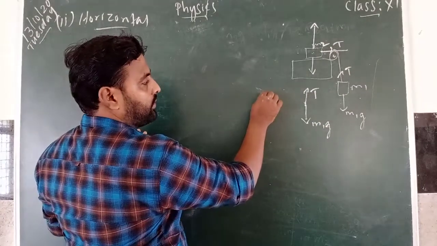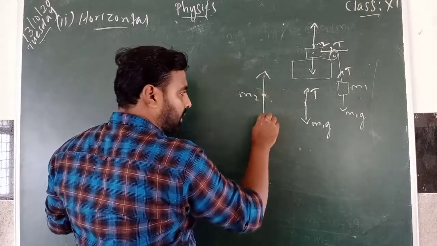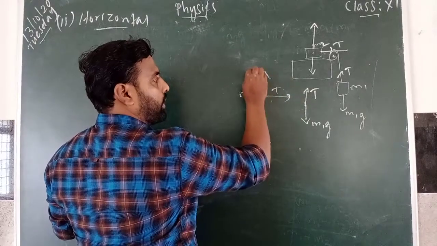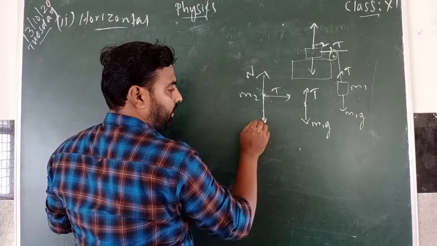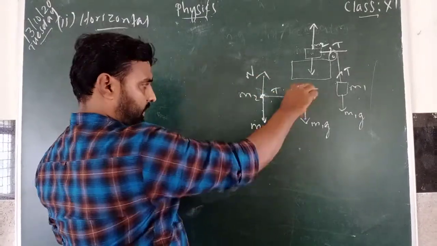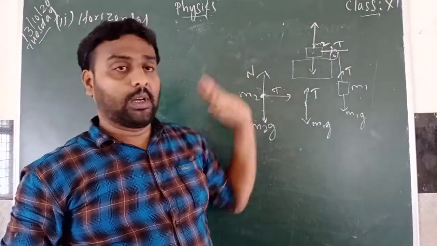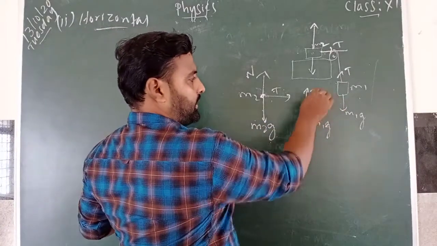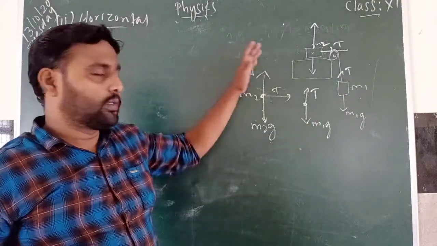So you can draw M2 with upward normal force, downward gravitational force M2G, and tension. These are the three forces acting on mass M2, and these are the two forces, tension and gravitational force, acting on mass M1. This is the free body diagram.